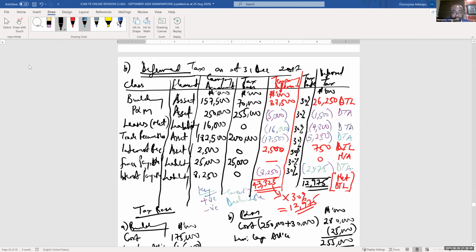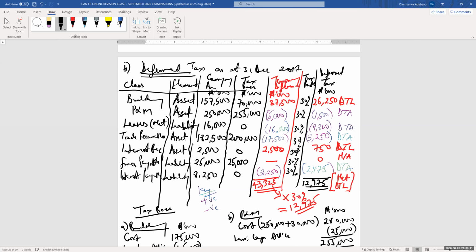Yes, sir. I understand that to get temporary difference, it is carrying amount minus tax base. Now for leases, is it that that equation is kind of turned the other way? For building, which is an asset, the temporary difference is 87,500 minus 70.